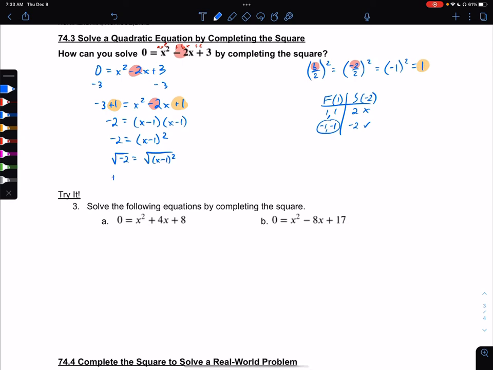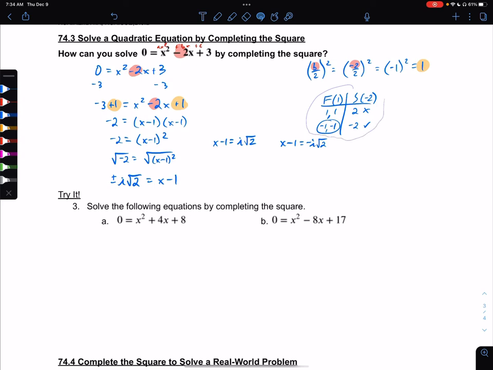So we're going to take out a positive and negative i here, leave the 2 inside, and that would be equal to x minus 1. We do have 2 solutions, so we want to figure out what those are. So we can do x minus 1 equals i radical 2, and x minus 1 equals -i radical 2.